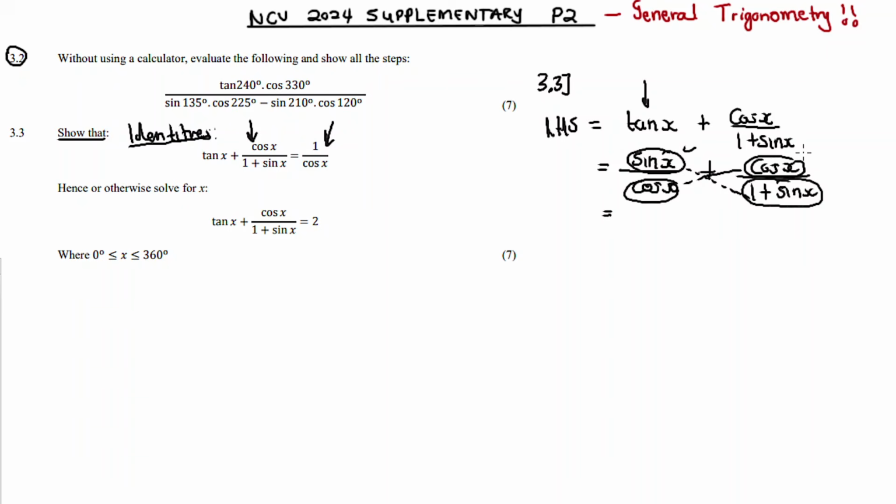This times this gives us a sine x times 1 plus sine x, plus this cos multiplied by that cos gives us a cos squared x, divided by this denominator times that denominator, which gives us the denominator for this one big fraction, sine x.